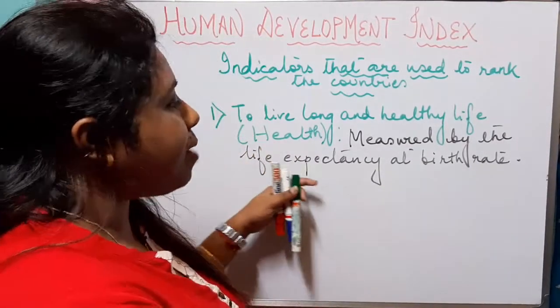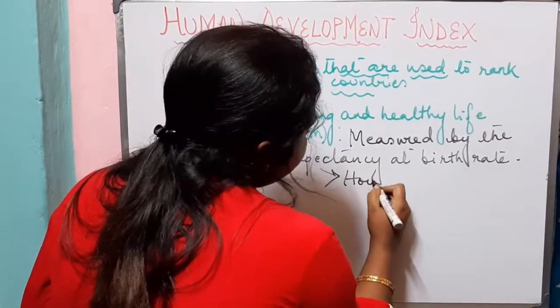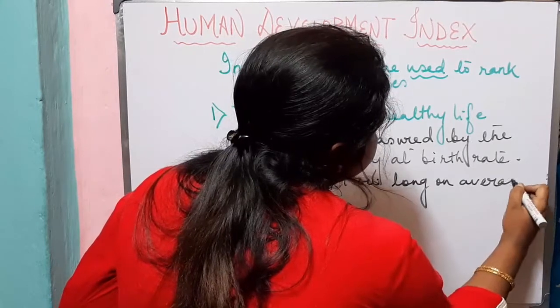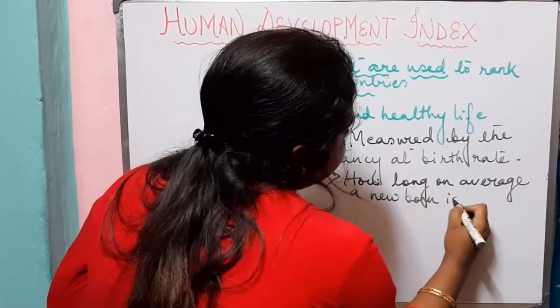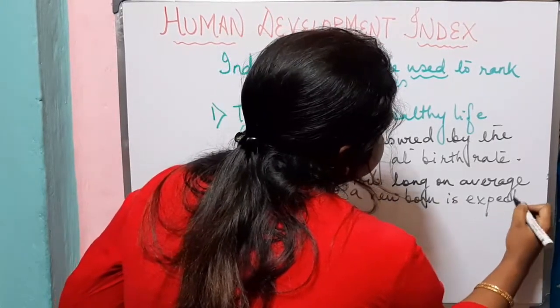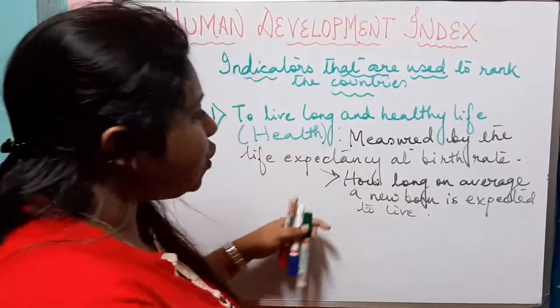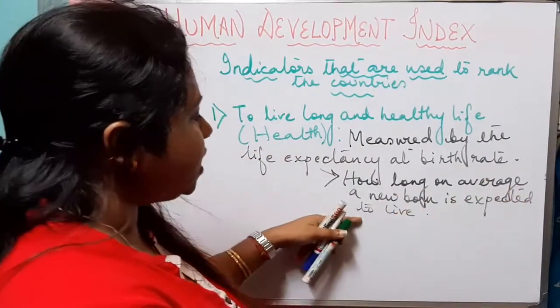Now, what do you mean by life expectancy at birth rate? This means how long on average a newborn is expected to live. So it's taken into consideration how long on average a newborn is expected to live.